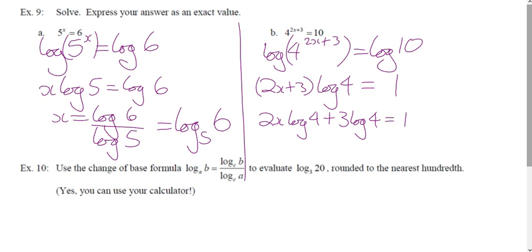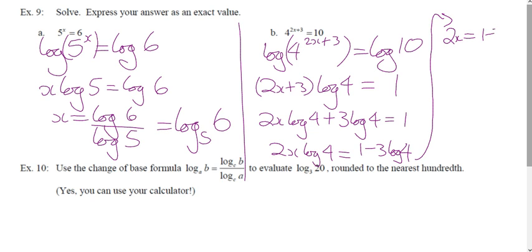It's 3 times whatever exponent you raise the base 10 to in order to get a 4. This is just a number, so put it over with the numbers. So 2x log 4 is equal to 1 minus 3 log 4. So 2x is equal to 1 minus 3 log 4 over log 4. And x is equal to 1 minus 3 log 4 over 2 log 4.